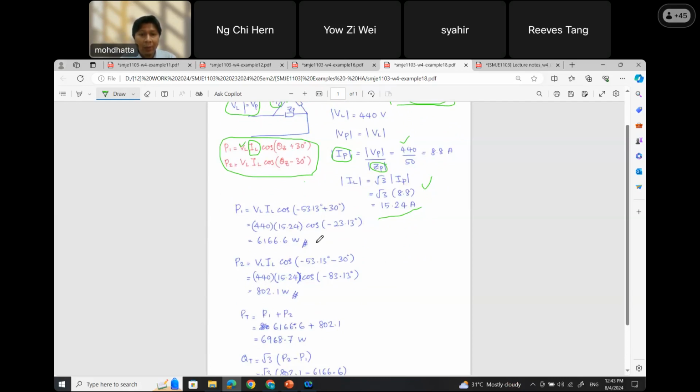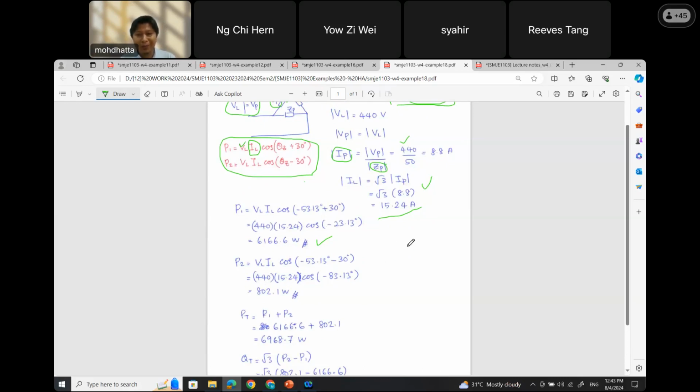Here we have P1 is 6,166.6. If you like it in 2 decimal points, fine. If you put it as 1 decimal point, also okay. But please be consistent lah.